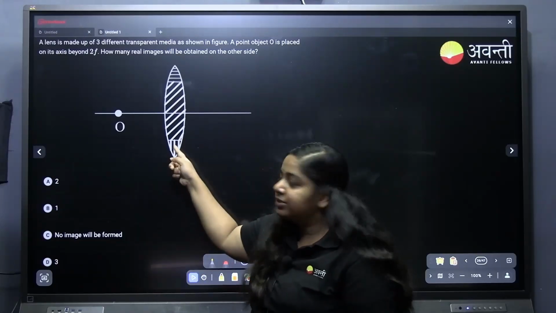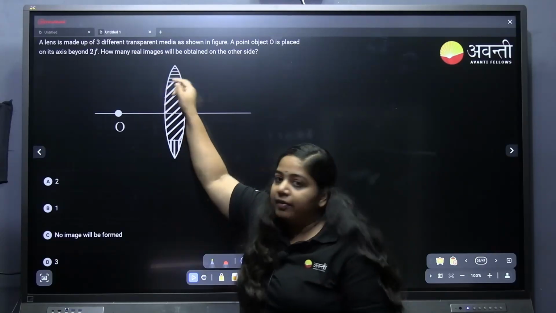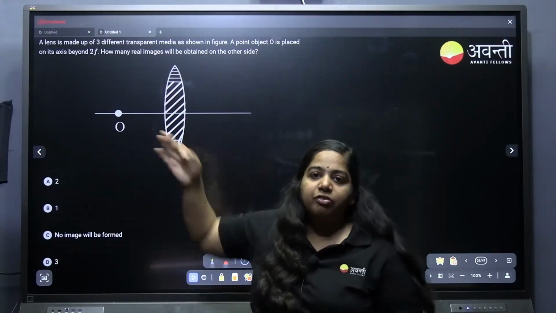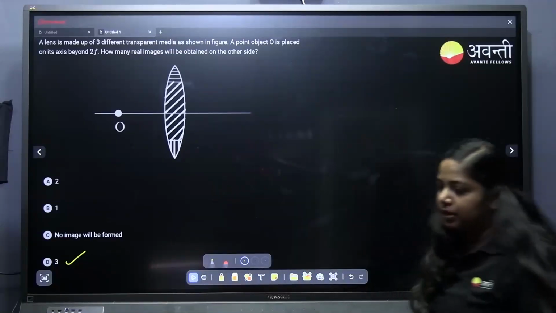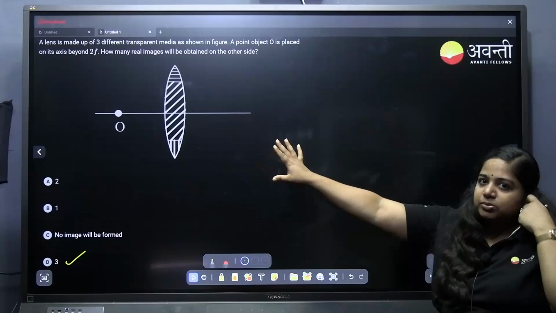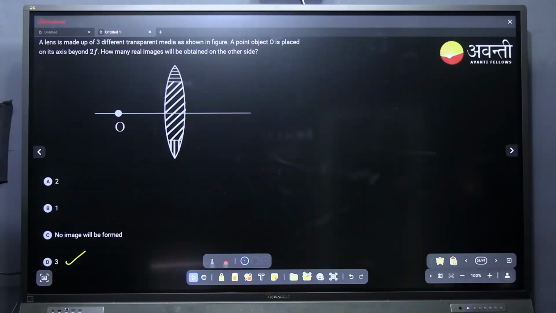This region will have some focus, this region will have other focus, this region will have other focus. So 3 different images we will get. That answer is 3. Okay, it is purely conceptual question. There is no formula to apply in this. Okay, moving on.